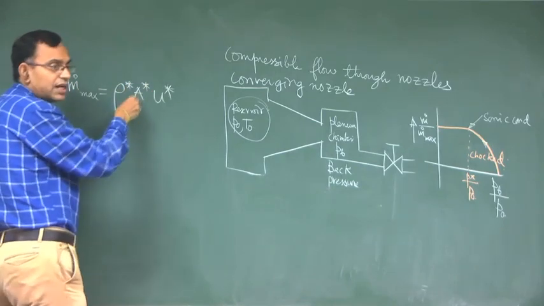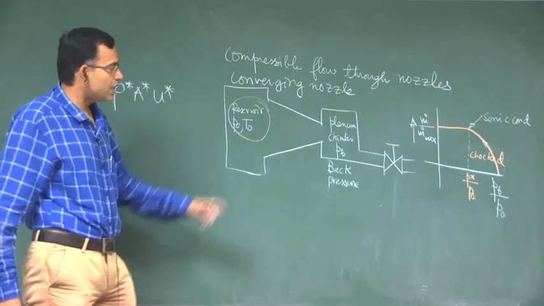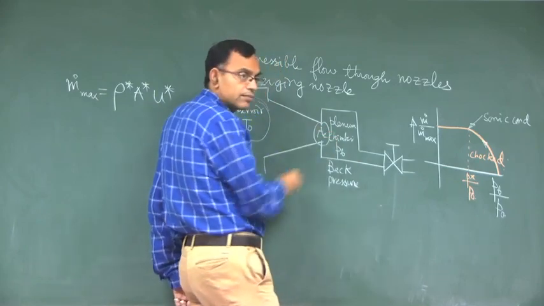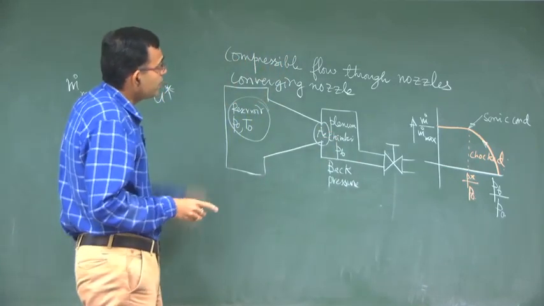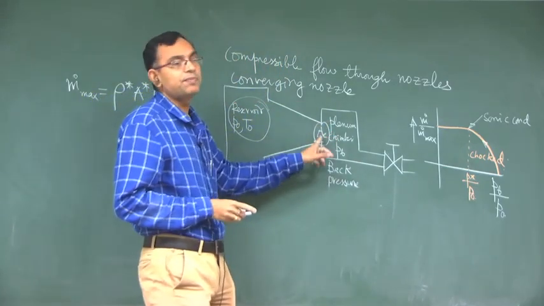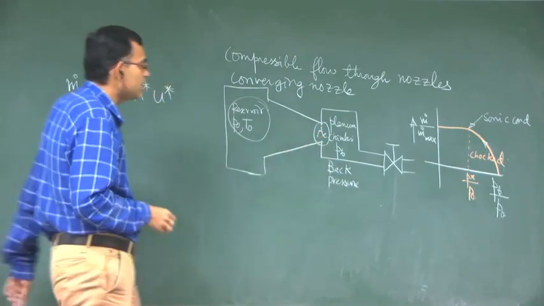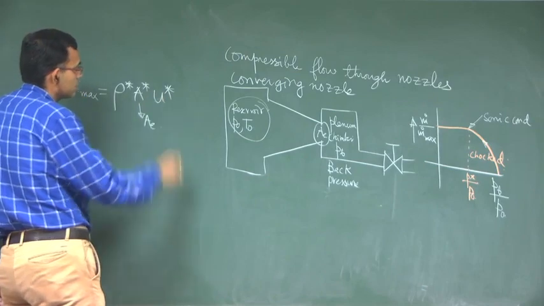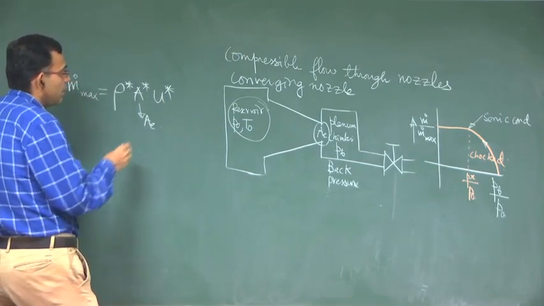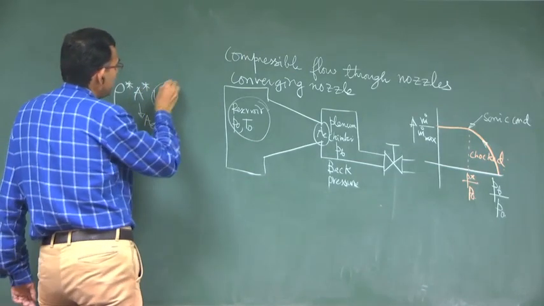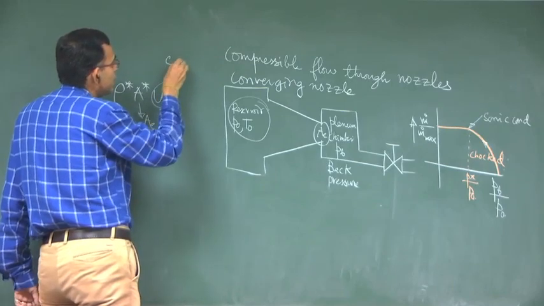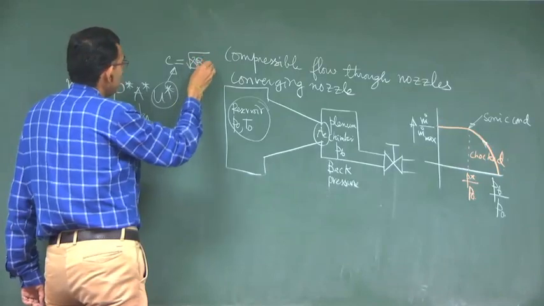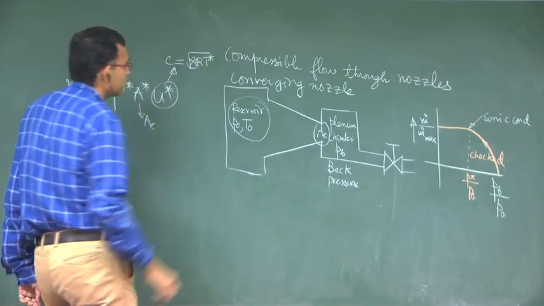So, what is A star here? A star is the area of the exit of the nozzle, because that is where, if you are getting a sonic condition, that must be at the minimum area, which is the throat. What is U star? U star is c, right, because Mach number is 1, root over gamma R T star.